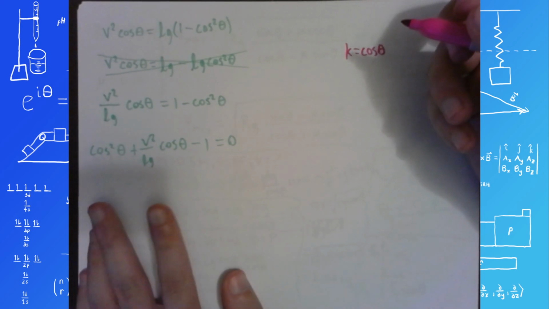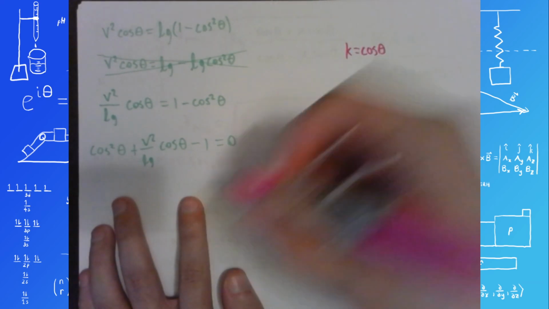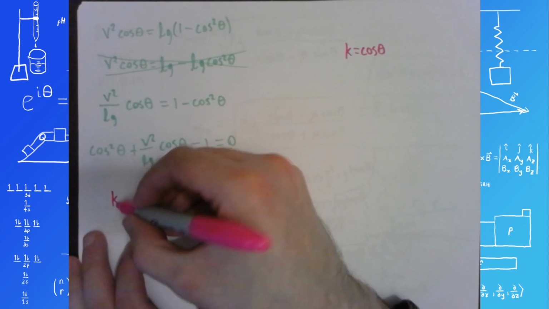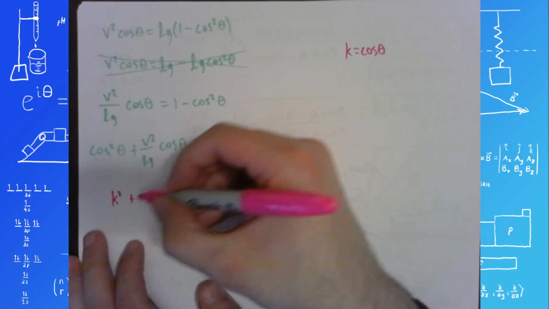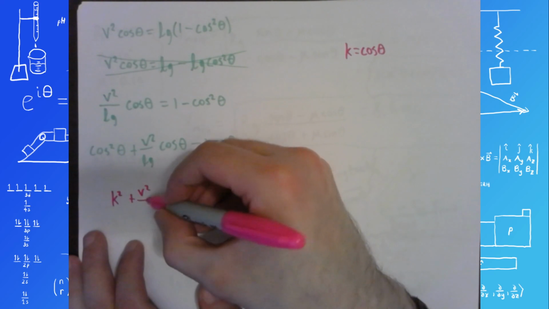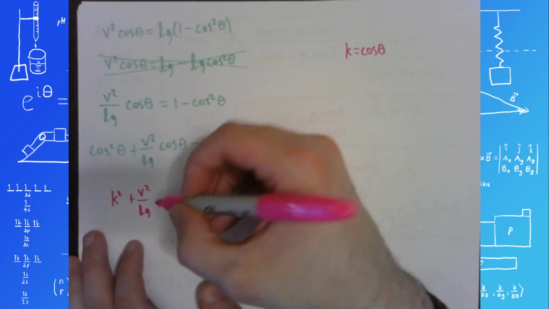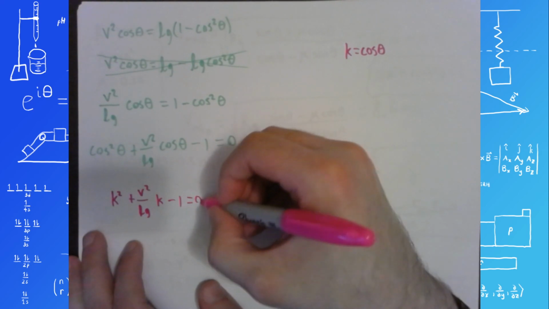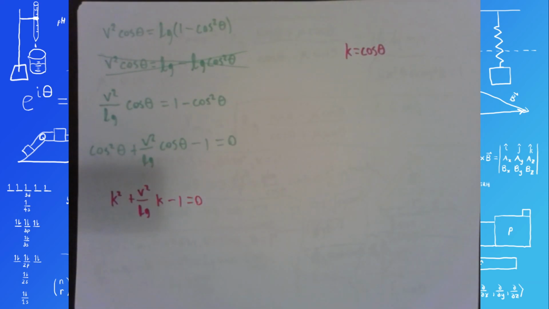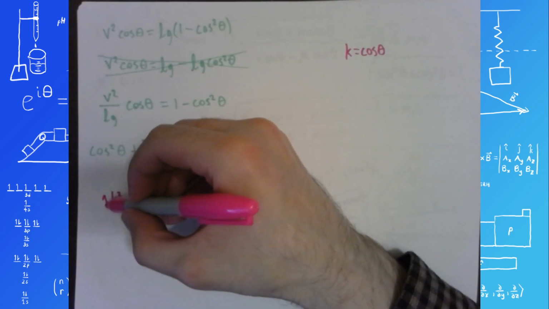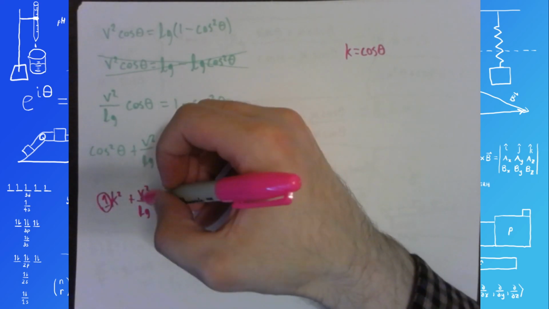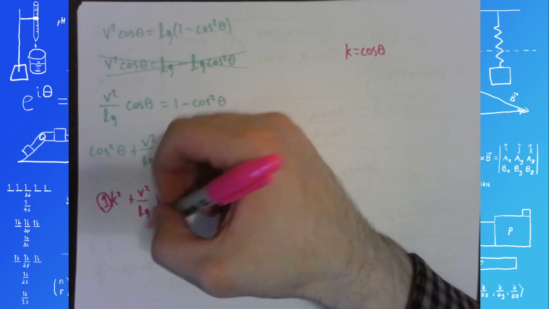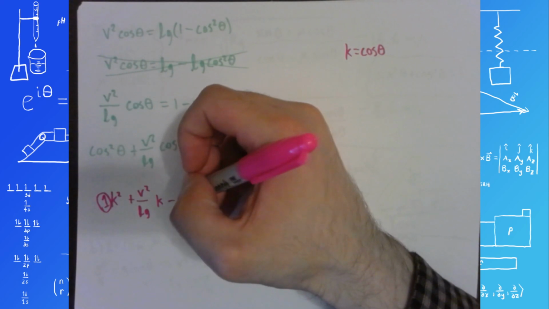Then if I rewrite this in terms of k, this is essentially just the quadratic equation, k squared plus v squared over lg k minus 1 equals 0, where you're solving for k. Your a is going to be 1, your b is v squared over lg, and your c is minus 1.